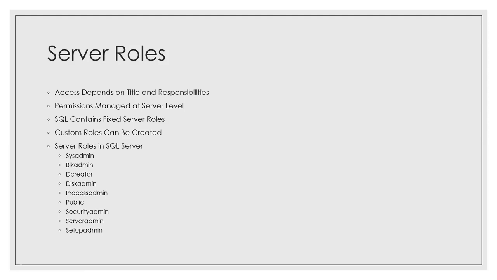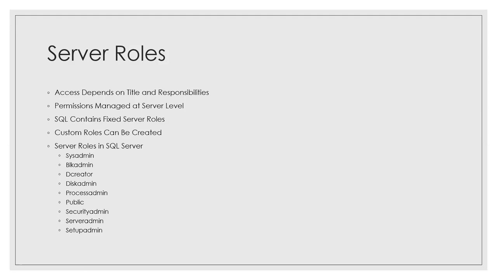Public, all logins that are added to this role are used for internal operations like authentication. So if you're behind the scenes authenticating everyone to have access, then this would be your role, public. And then the securityadmin, users who are involved in this role can manage logins at the instance level.